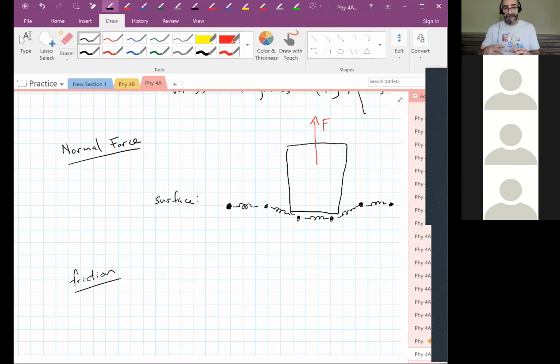We'll learn more about that next week. But the idea is that when the two surfaces are stationary, there's no motion between them, that's when we have static friction. And when there's sliding between the two surfaces, when there's motion between them, that's when we have kinetic friction. And so let's think about friction for a second.